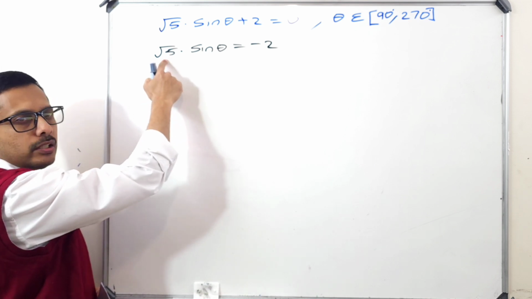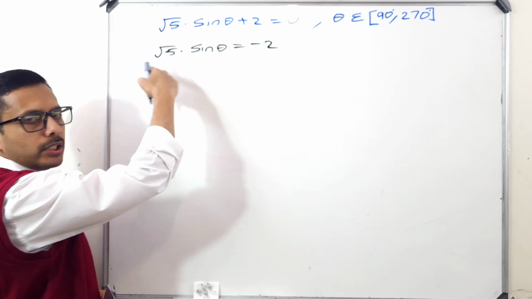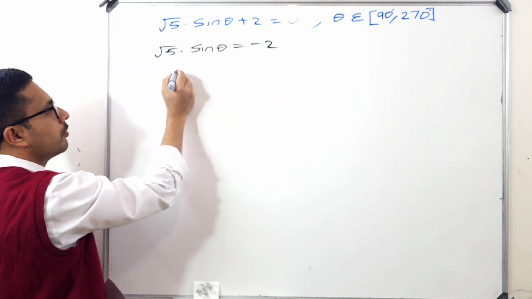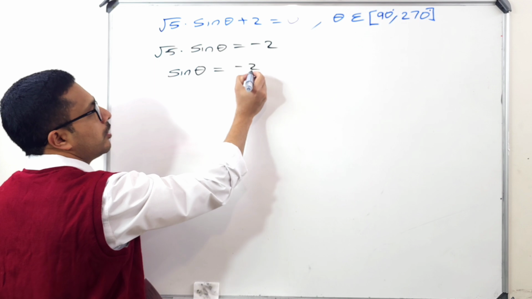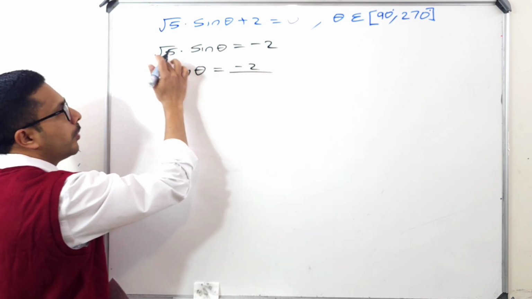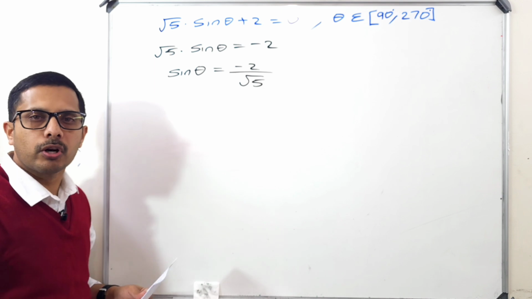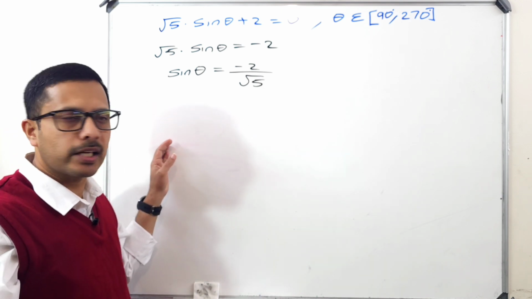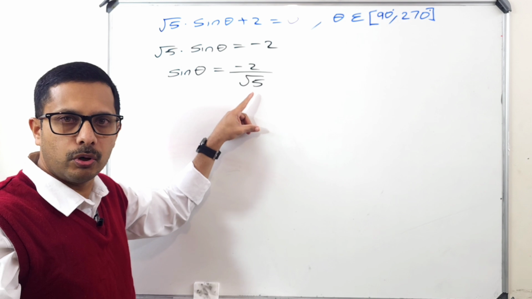So if I take the square root of 5 to the other side, it is division. Here it is multiplication, on the other side it is division. So what is sine theta from there? Sine theta is equal to minus 2 divided by square root of 5. Am I right? So we got an expression for sine theta: sine theta is equal to minus 2 divided by square root of 5.